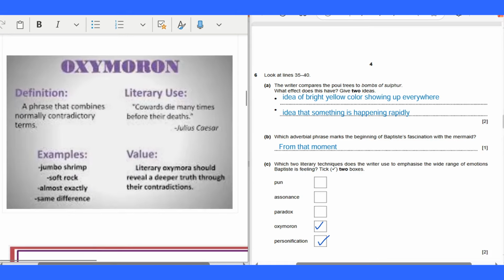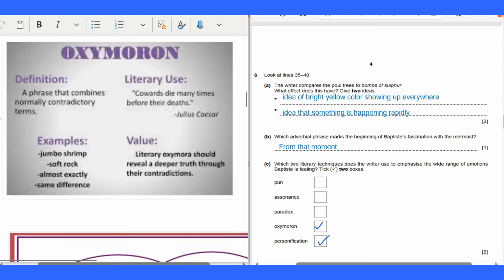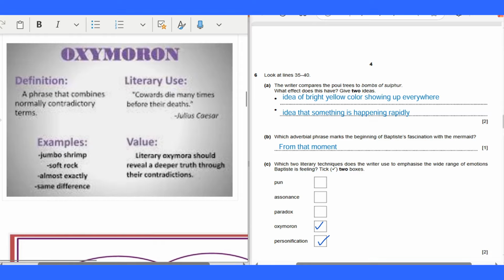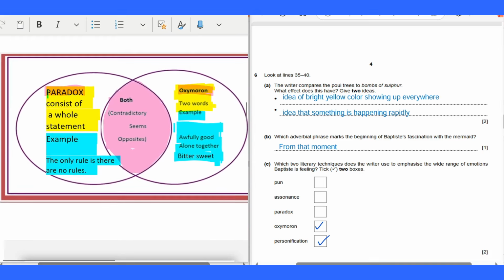What is the difference between oxymoron and paradox? Oxymoron is a phrase that combines normally contradictory terms like soft rock, same difference. So oxymoron is a phrase, while you see the difference? Two words: awfully good, alone together, bittersweet. Right, now paradox is a whole statement.